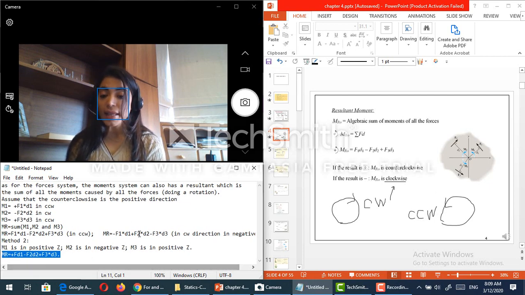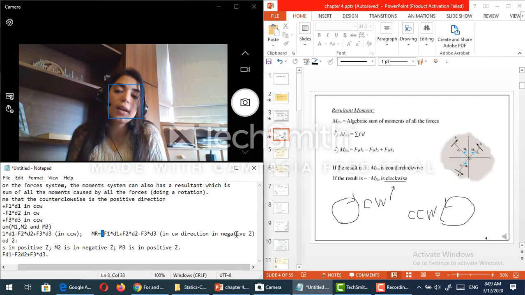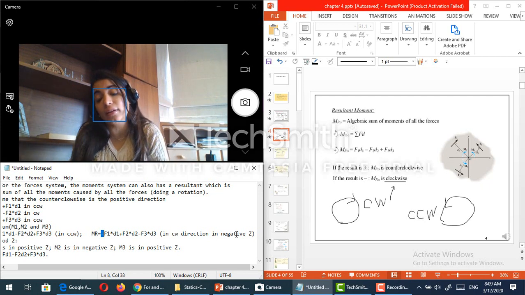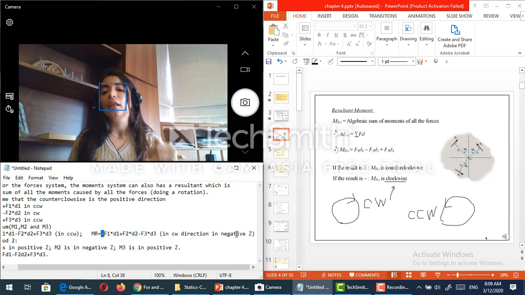So of course, the opposite of this M resultant will be in the negative z. So even if you assume that your clockwise direction is the positive one, you will have the same answer as the 3D case using your right hand rule.